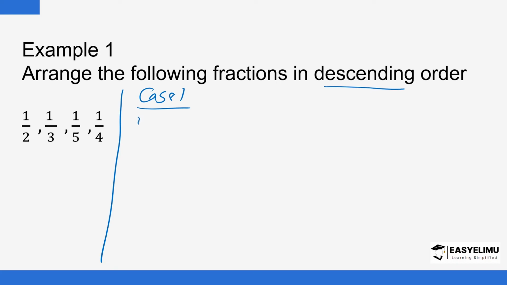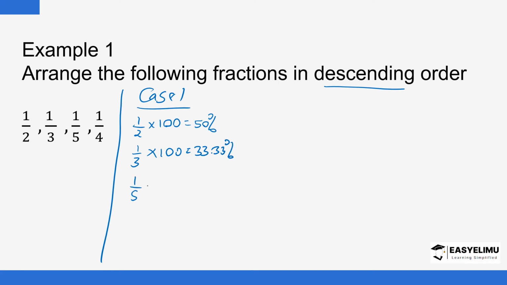So if you start with a half, for you to express them as percentages, we're just going to multiply by 100, and this is going to be 50%. And if you have a third here, multiply by 100, this is going to be 33.33%.